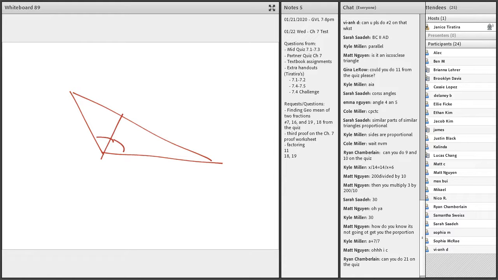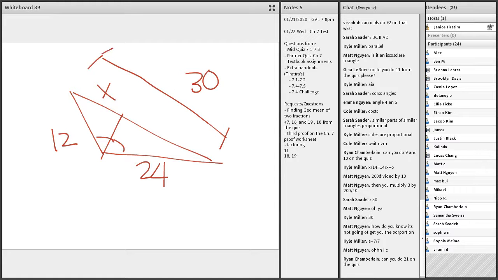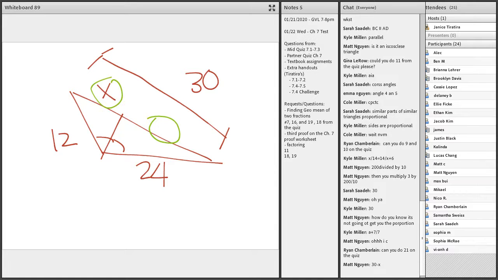So let's say you have an angle bisector. You have 24, 12, and let's say you were given x, and this whole thing is 30. So whenever you have an angle bisector, you need the parts. You need these parts, and then you need these parts. So first setup will be 12 over 24 equals x over blank. You're like, oh no, I need to figure out this length.